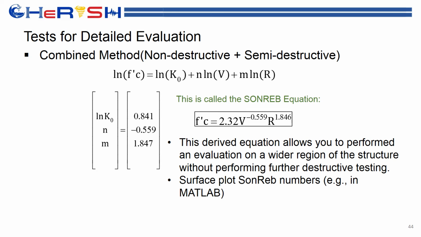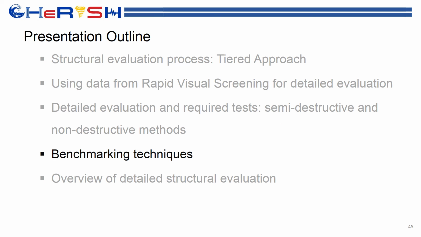We can limit the number of core test samples to 3, for example, and then increase the number of samples for pulse velocity and rebound hammer, and for the remaining area, to confirm the compressive strength, we just use this equation and non-destructive tests for the rest of the structure. So that is one way to reduce the amount of semi-destructive tests and also increase the reliability of our non-destructive test results.